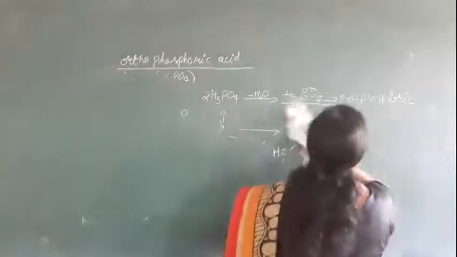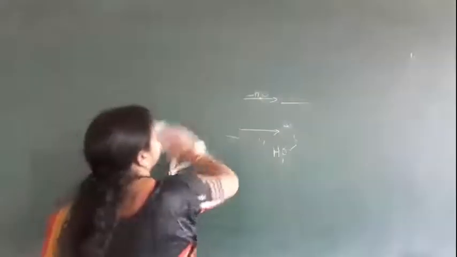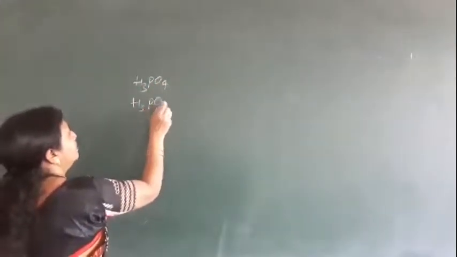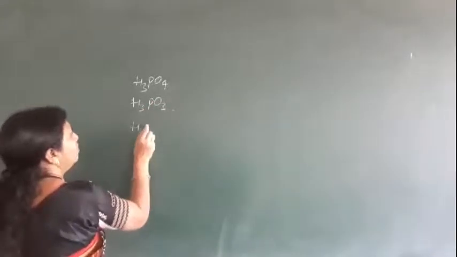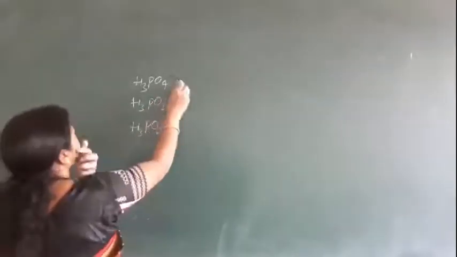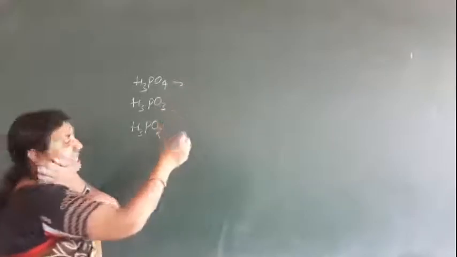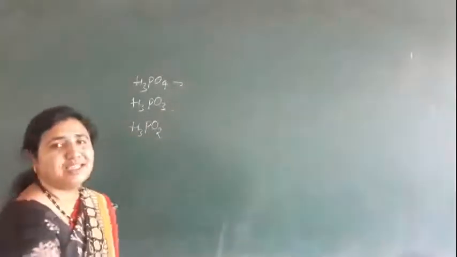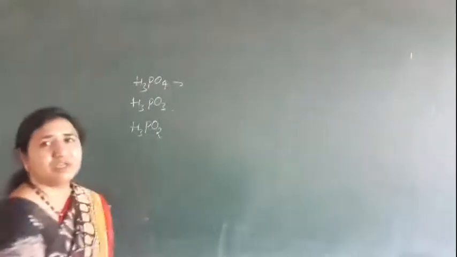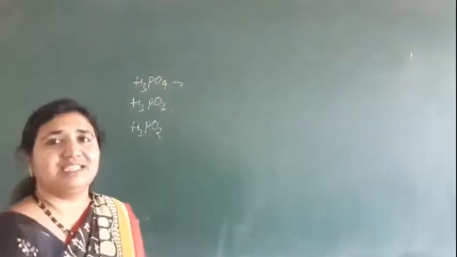In short, how can you remember here? See, we have H3PO4, H3PO3 and H3PO2. What is this? This is phosphoric acid, orthophosphoric acid. This is phosphorus acid, and this is hypophosphorus acid. One oxygen less it is.